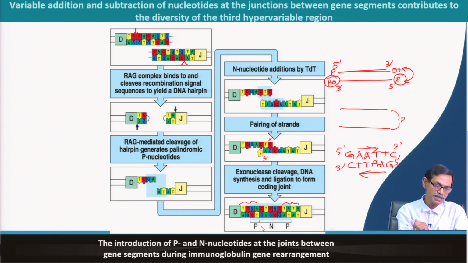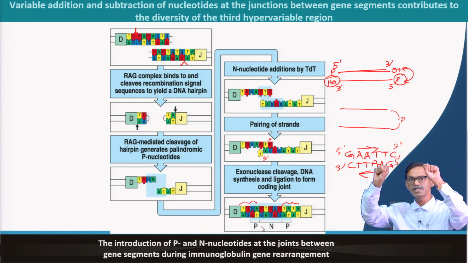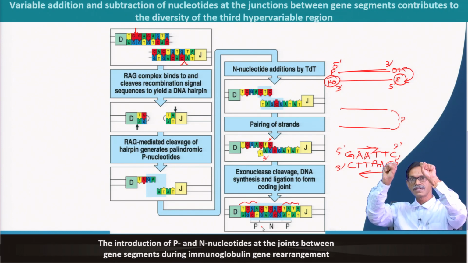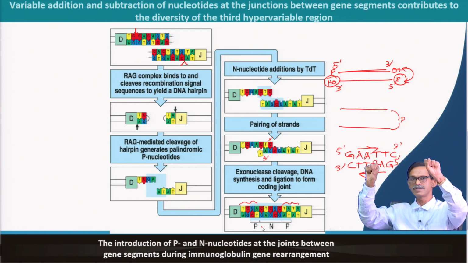Now you imagine there are some fixed D sequences, 1 to 23, and there are some J sequences, they can join. Suppose there are 10 D and 5 J. How many combinations are possible if any one of them can join, 10 and 5, 50.